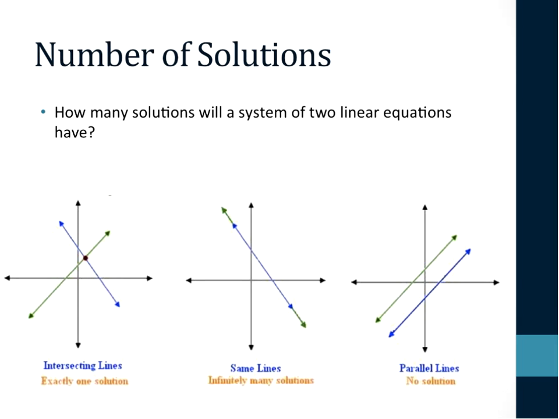First, let's discuss a little bit more about systems of linear equations and how many solutions they have. We need to go back again and think about our understanding of lines. The main idea we're going to be using is that these systems of linear equations have one solution.